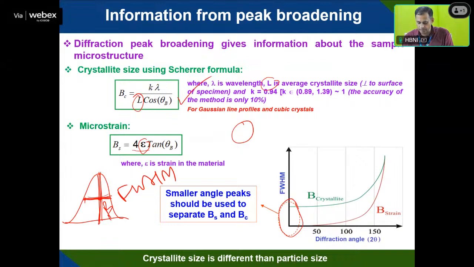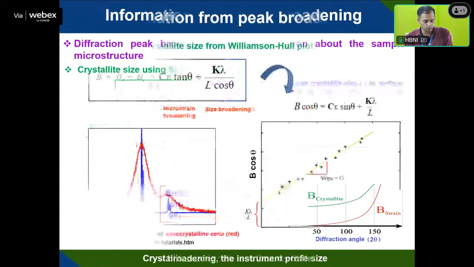You can see your FWHM versus 2 theta, but beta crystallite is following the green path, and this is strain. In higher angle you can see they are coming closer, but in the low angle they are quite far from each other. So whenever you go for a crystallite size calculation or a lattice strain calculation, you always try to use that low angle peak to eliminate the overlapping of both those things.